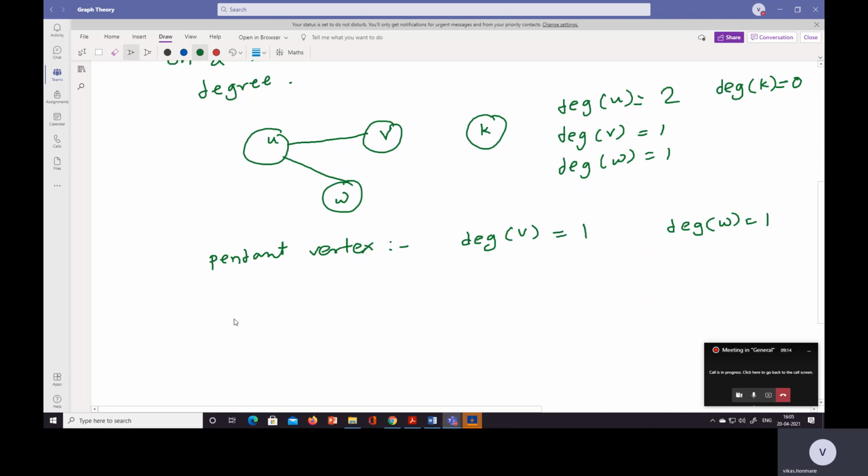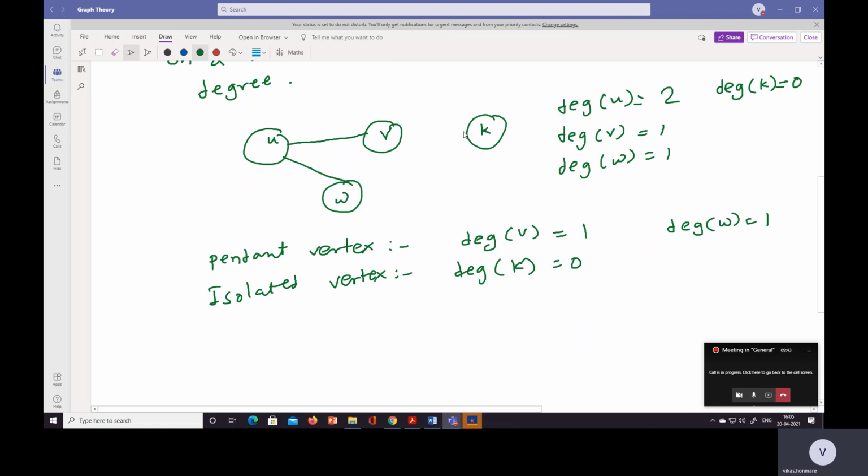Then isolated vertex. Whenever any vertex has degree 0, like here the degree of K is 0, it is called an isolated vertex. Why is it called isolated?